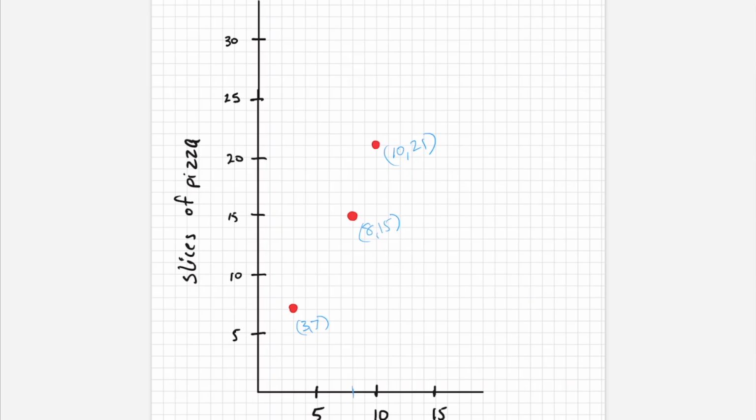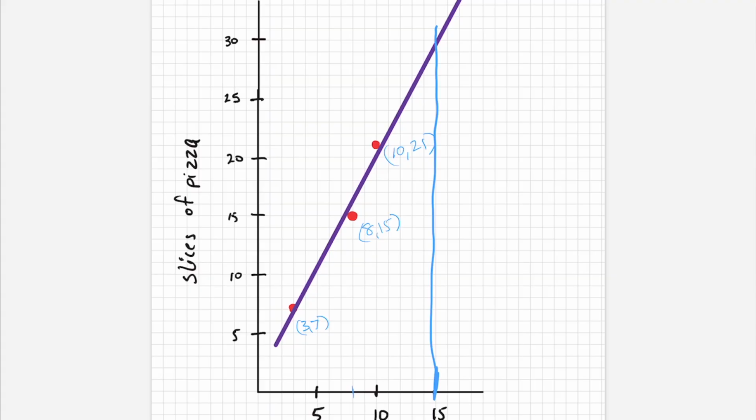And a lot of you may also be looking at this and saying, I can draw a line right through here and use this line to maybe make a prediction. If I say, hey, this line goes right between all of these points, then if I have 15 people coming, I can just come up here and look at that.